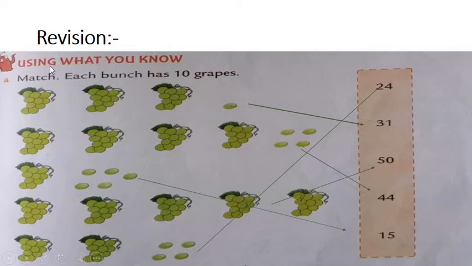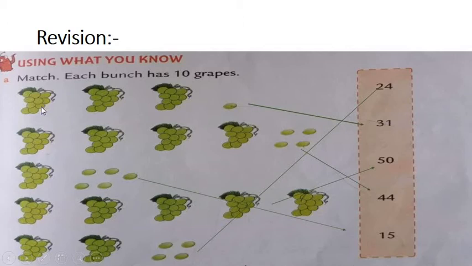First, we become familiar with match the following. Look, we have matched this bunch of graphs with numerals related to this bunch of graphs. Look, this is 3 bunch, 3 and 1.